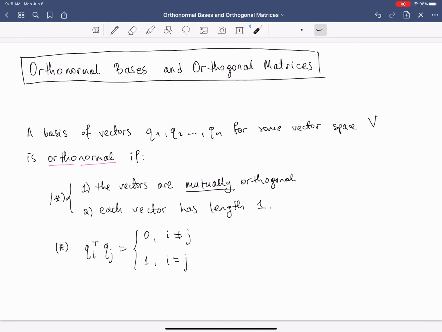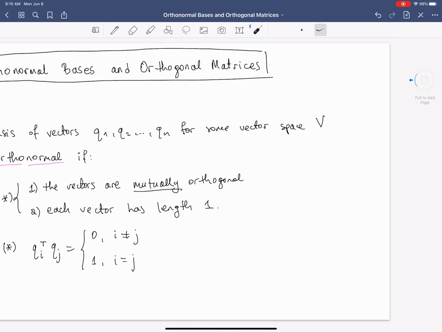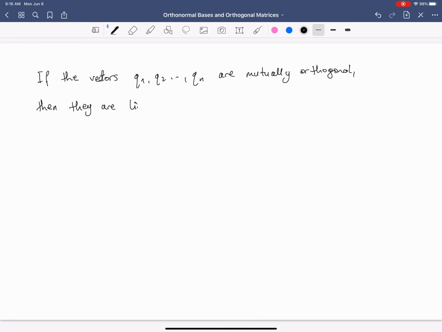All right. Now, let's prove one very important property of orthogonal vectors, and that is that if the vectors q1, q2, ..., qn are mutually orthogonal, then they are linearly independent.